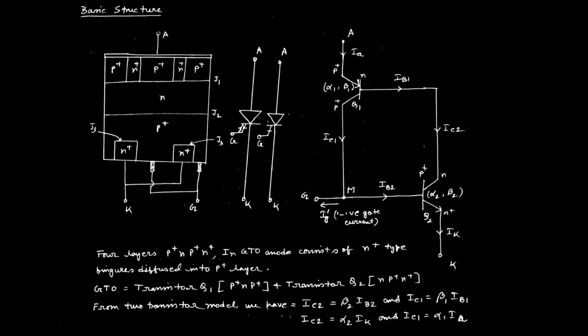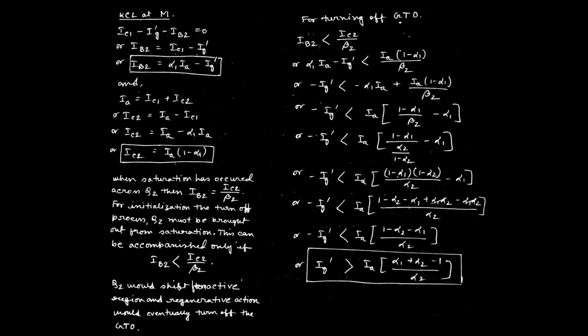That is why we can write this expression. Okay, fine. So after simplification we get IB2 equal to IC1 minus IG dash, and we can rewrite the expression as IB2 equal to alpha 1 IA minus IG dash, because IC1 is equal to alpha 1 into IA.